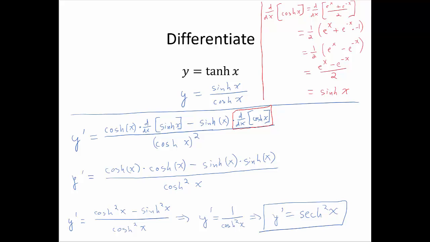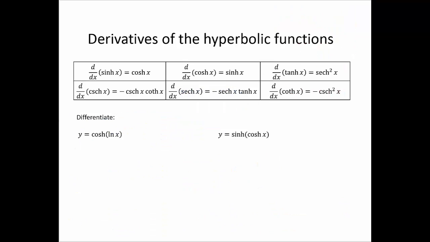And again, we see a similarity to what we learned in traditional trigonometric functions. Remember that if our original function was the tangent, its derivative was the secant square, and we see a corresponding relationship with the hyperbolic functions. For your convenience, I now list the derivatives of the 6 basic hyperbolic functions.